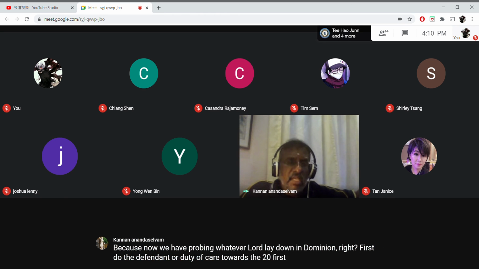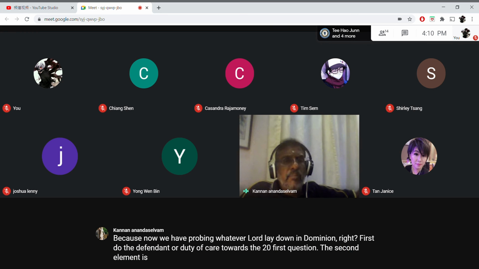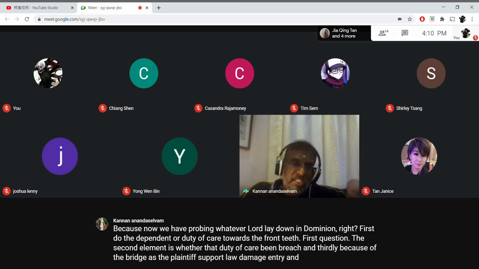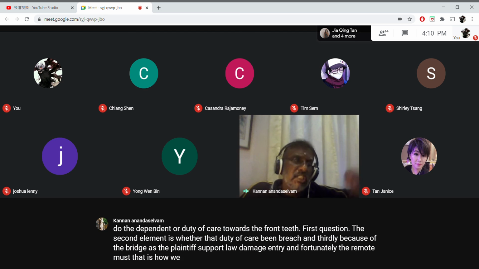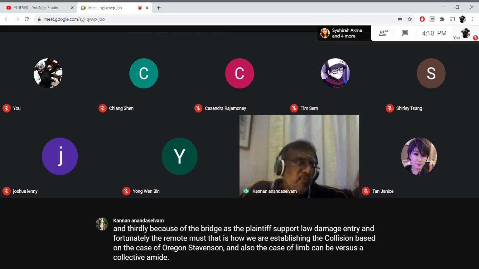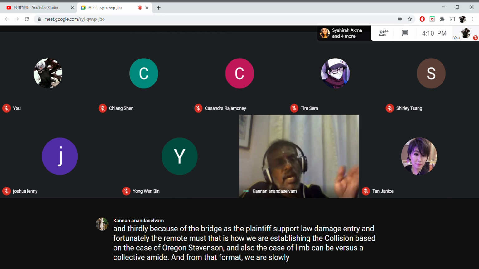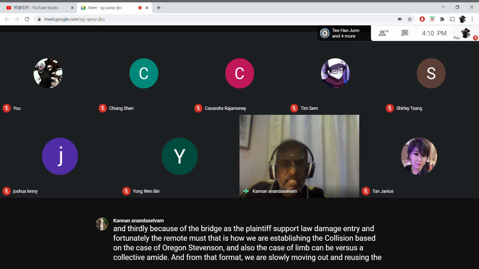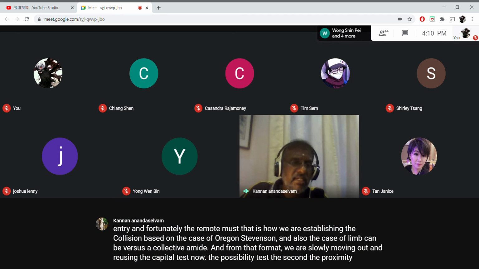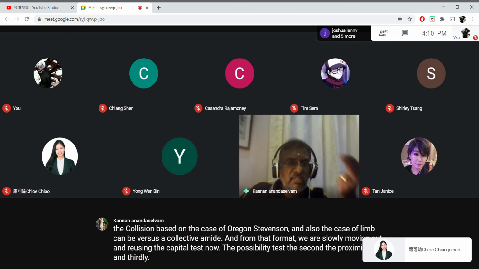The second element is whether that duty of care has been breached. Thirdly, because of the breach, has the plaintiff suffered loss, damage, or injury? And fourthly, the remoteness test. That is how we establish negligence based on the case of Donoghue v Stevenson and also Lim Kabi v Abdul Latif. From that format, we are slowly moving out and using the Caparo test now. One, the possibility test. Second, the proximity test. And thirdly, just, fair, and reasonable.